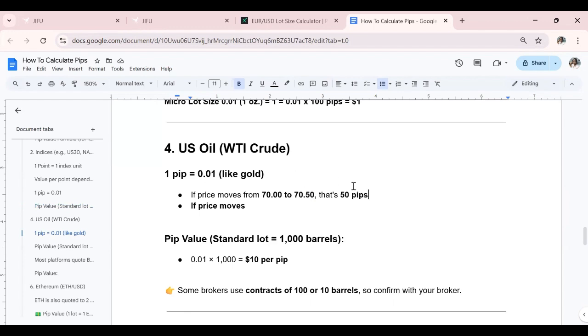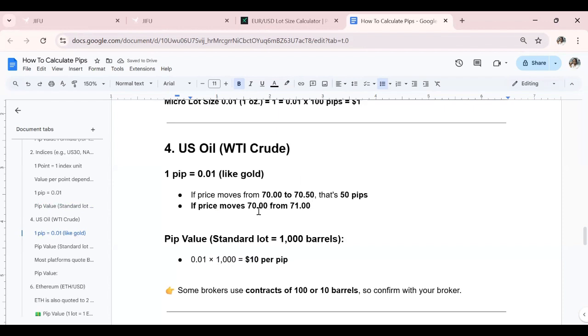If we were to represent one pip, we'll say this thing is 0.01, just like we did in the previous one with gold. So if the price moves from 70, and you don't say from 70 to 71, no, that's not an accurate representation, it's 70.00 to 71.00.